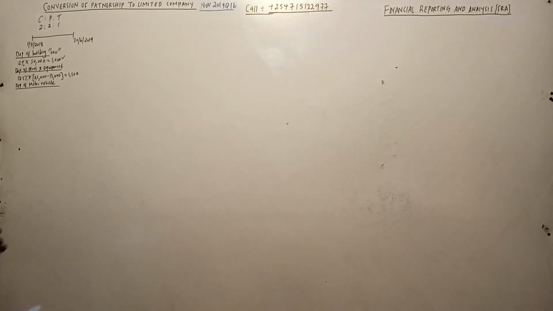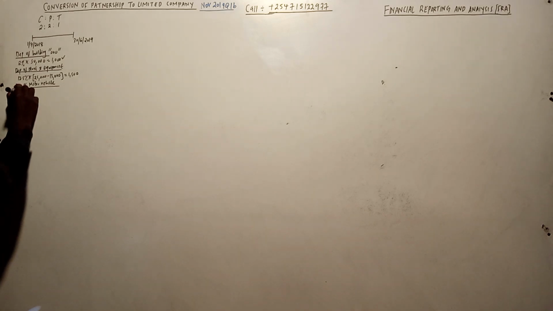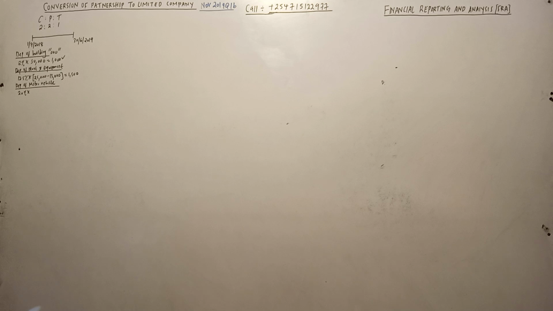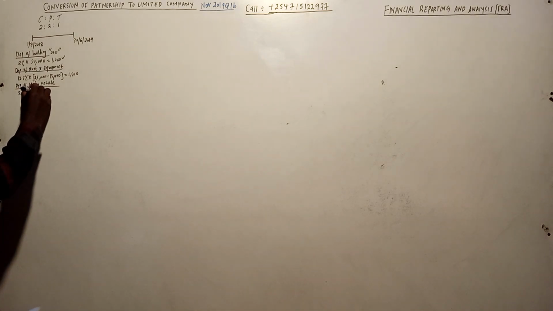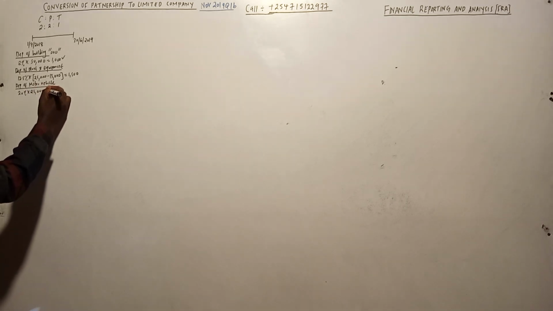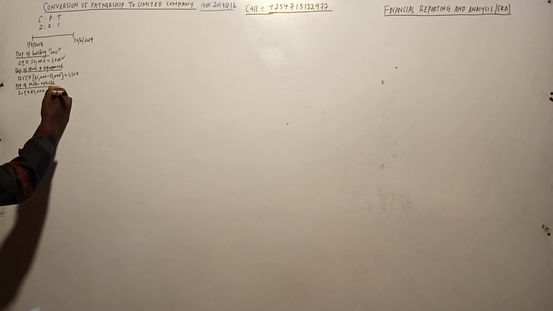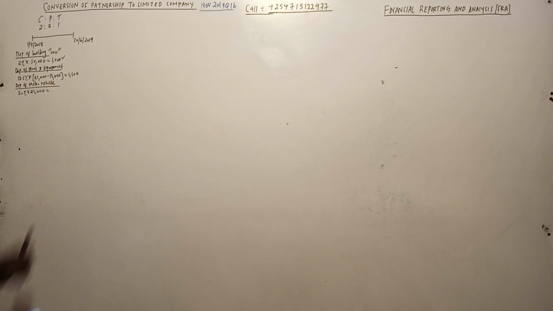Then depreciation of motor vehicle. Information number one still. Motor vehicle was depreciated at the rate of 20% on straight line basis. Straight line basis, that is on cost. Motor vehicle cost is 25,000. Let us check our motor vehicle first.